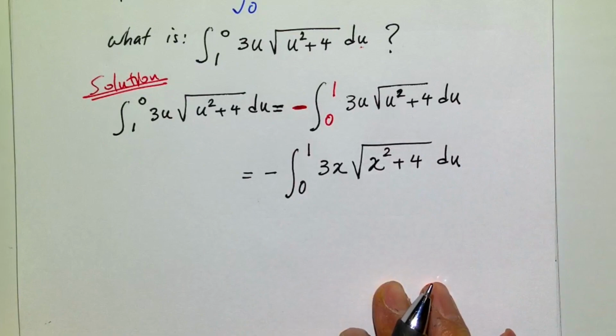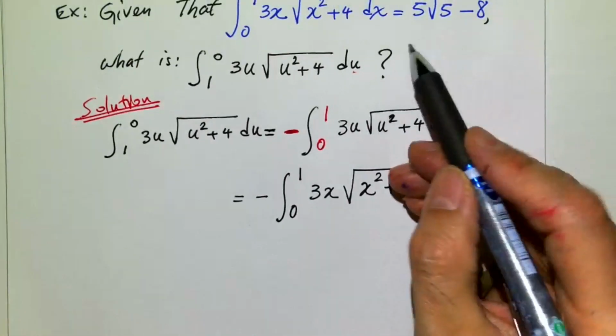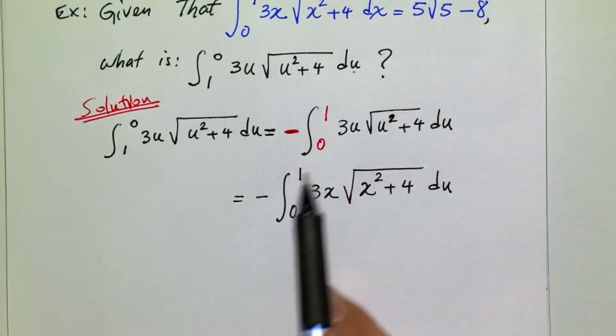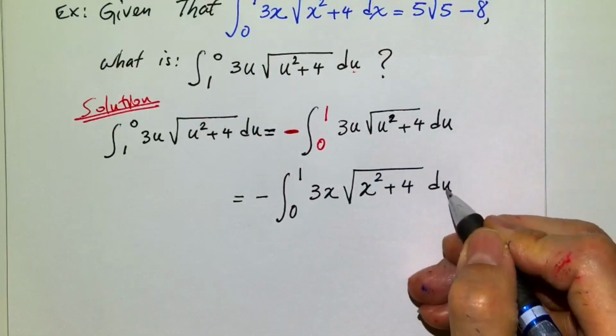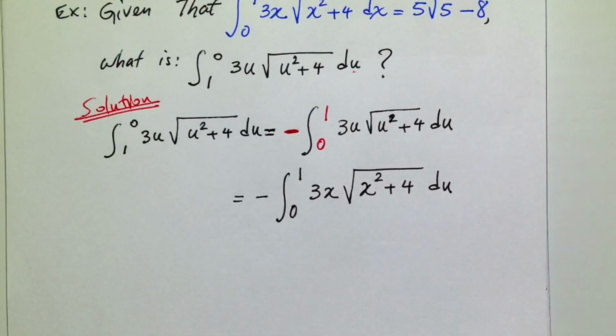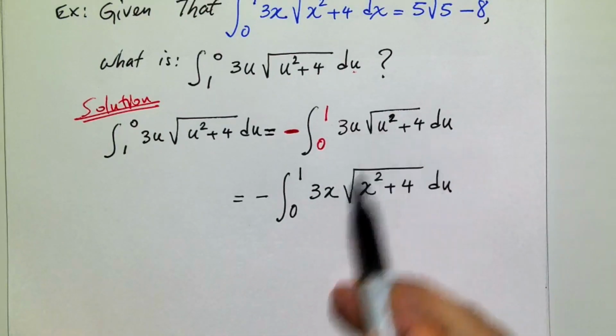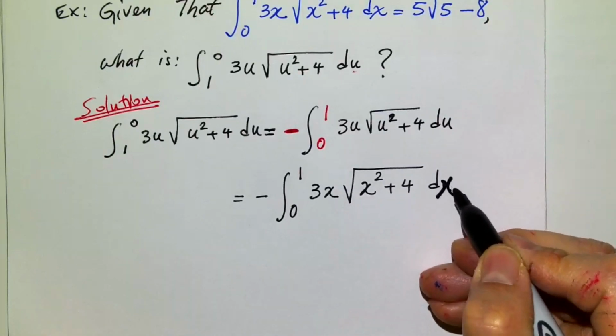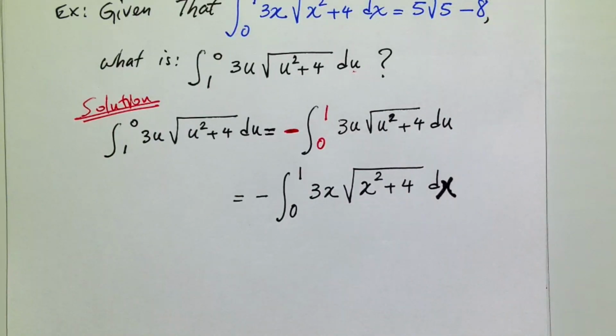Right? So let me change this to x. Since we went from u to x, this has to be x as well.